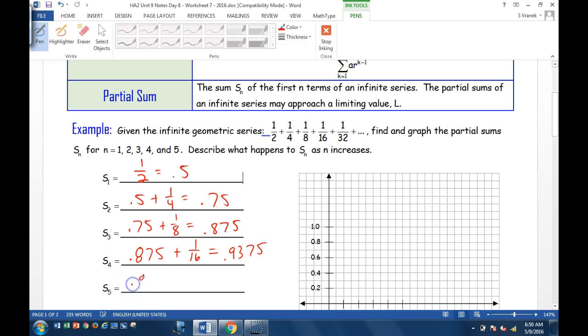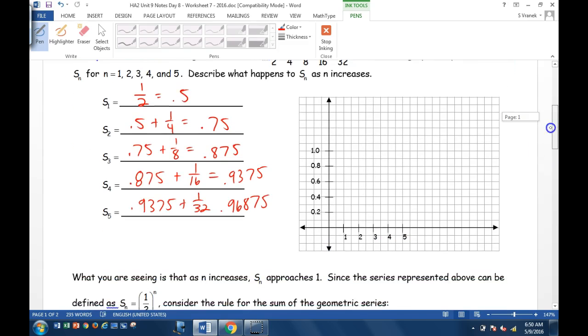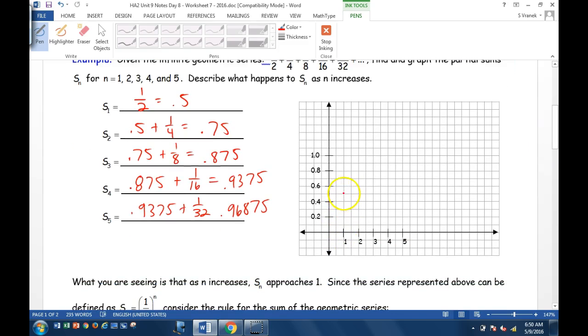And finally, we have 0.9375 plus 1/32, which gives us 0.96875. And if you plot this, 1 is 0.5, 2 is 0.75, 3 is 0.875, 4 is 0.93, and then 5 is 0.96.